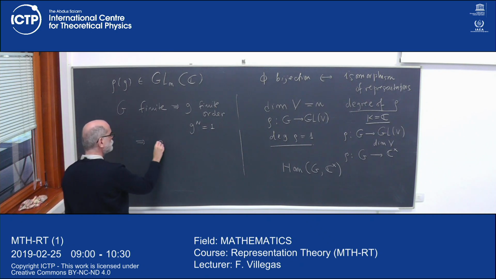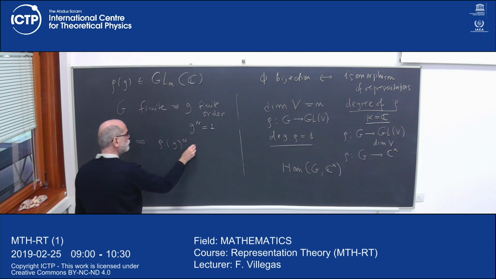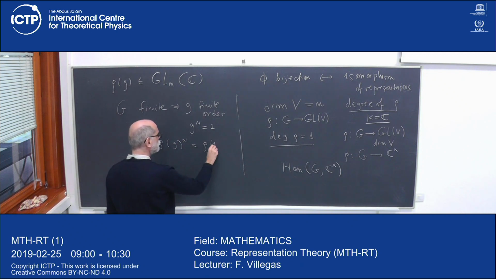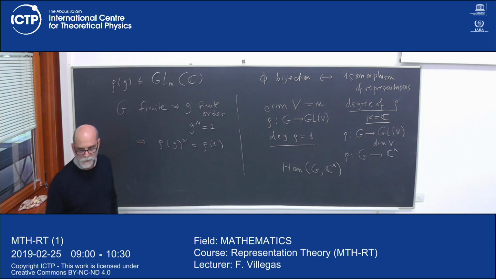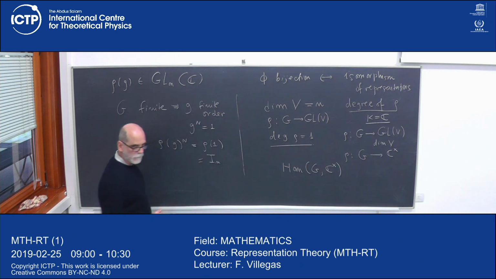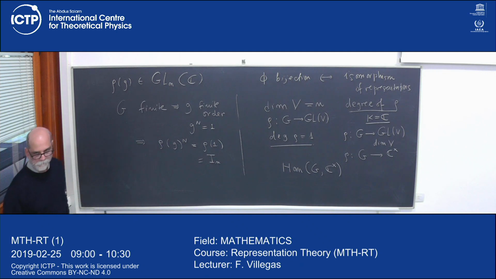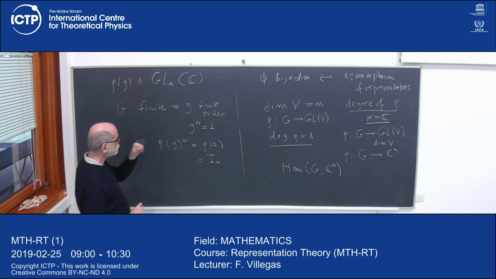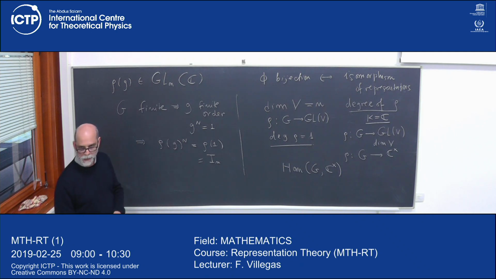But this means that rho of g to the n has to be rho of 1. This is a homomorphism, and rho of 1 has to be the identity matrix. So if you have a matrix rho of g whose nth power is the identity, the eigenvalues of rho of g have to be numbers whose nth power is 1.